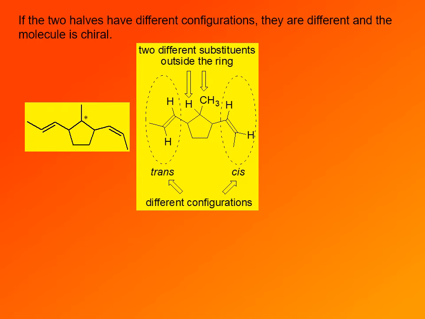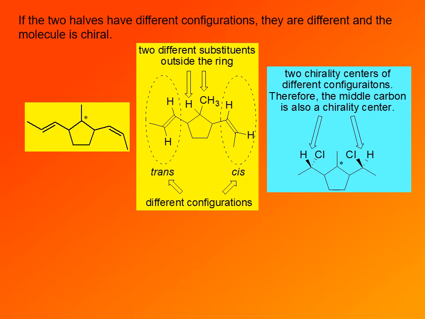But then when we divide the ring into two equal halves, in this case, the line that divides the ring would go to the middle of the bond between carbons 3 and 4. You can see that one substituent, the one on the left, is trans, and the one on the right is cis. That makes them different. So the two halves are different, and therefore this molecule is chiral, and the atom that we are examining is indeed a chirality center.